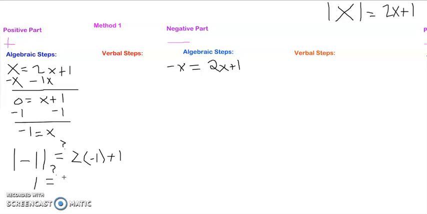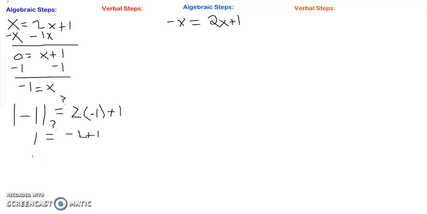Is 1 equal to negative 2 plus 1? Is 1 equal to negative 1? No, that's false. So that means that x equals negative 1 is an extraneous solution.